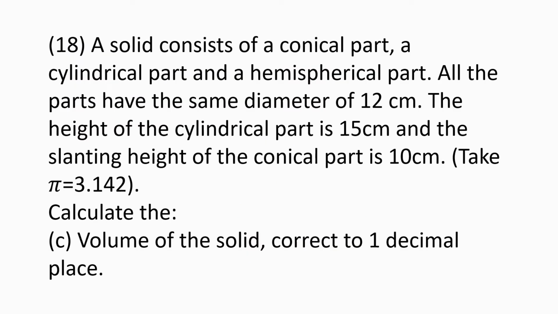Part C. Calculate the volume of the solid correct to 1 decimal place. The dimensions of the solid that were given are: the diameter is 12 centimeters, the height of the cylindrical part is 15 centimeters, and the slant height of the conical part is 10 centimeters.